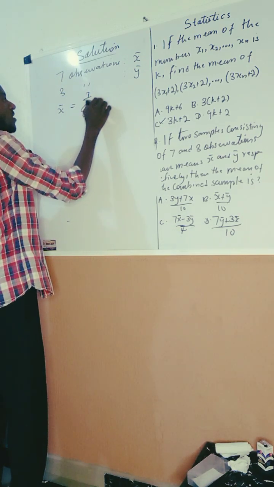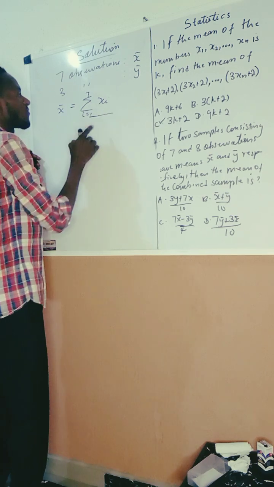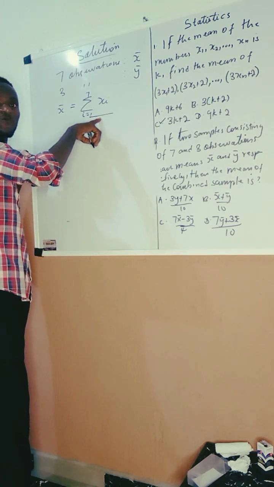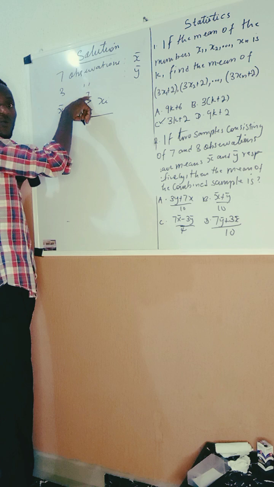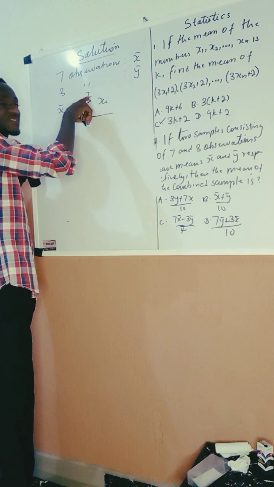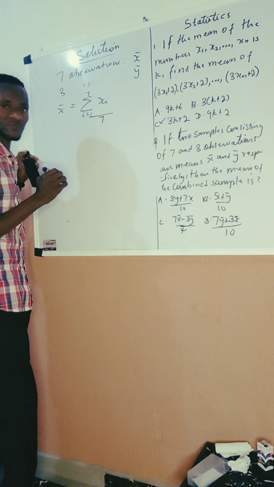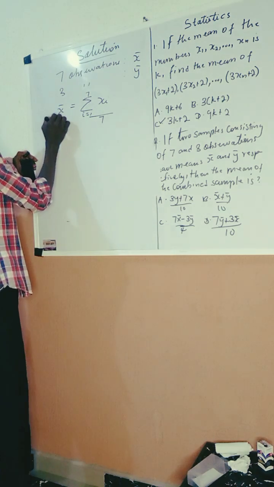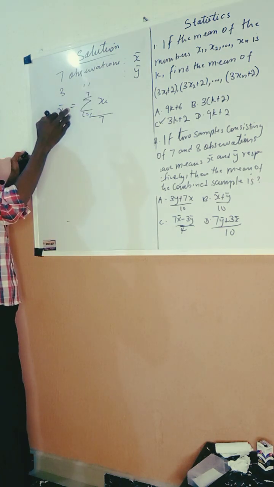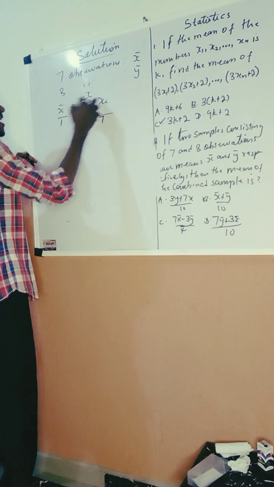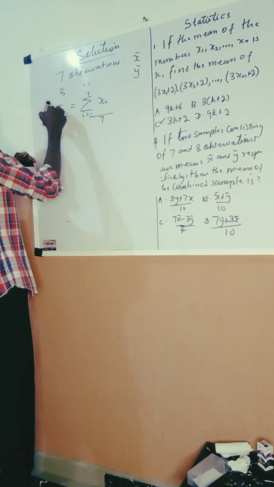So we have summation of xi all over 7. Rather than writing all over n, I am going to write all over 7, because I'm now certain that the value of n is 7. So I can easily come here and say all over 1 and cross multiply. This 1 will multiply the summation, 7 will multiply this.